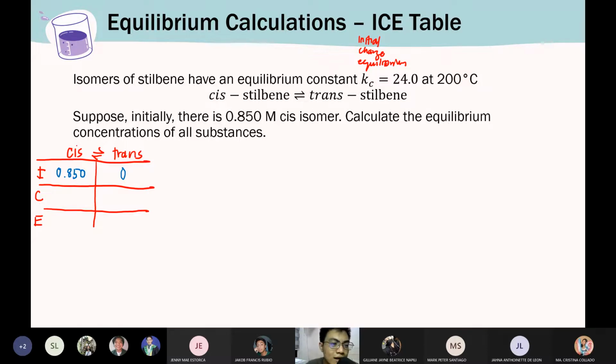Yung reactant side, yung kay cis, o yung product side? Sino ang mababawasan? What do you think?